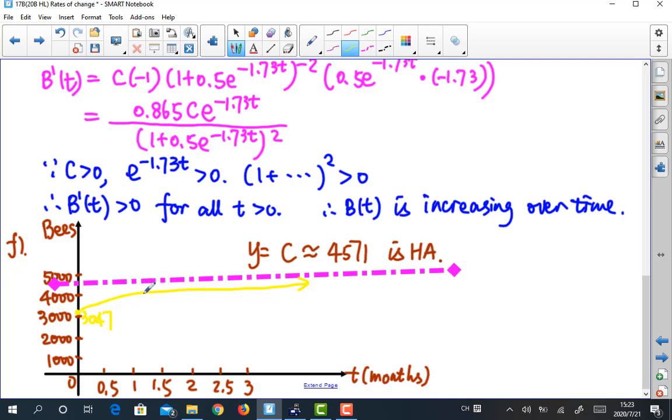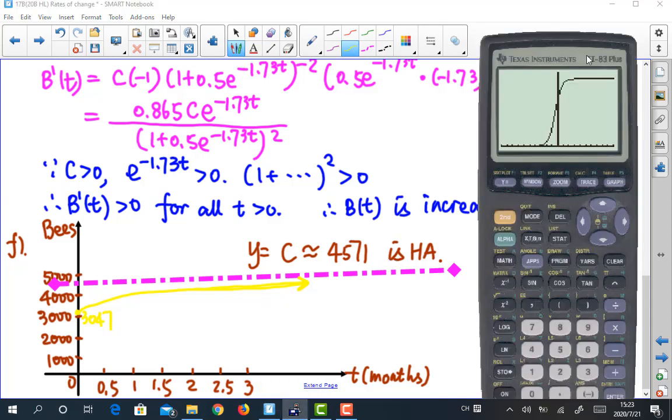So this logistic function should be increasing and approach the horizontal asymptote but never cross over or touch it. If we use the graphing calculator to graph both the left side and the right side of the y-axis, you will see the graph of a logistic function so clearly. This trend is the same as what we have seen on Wikipedia.